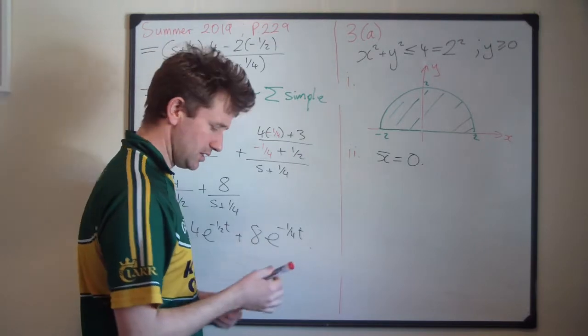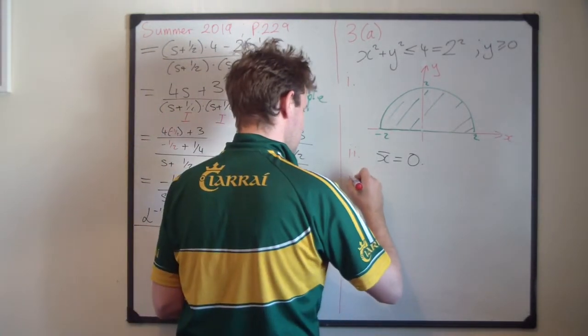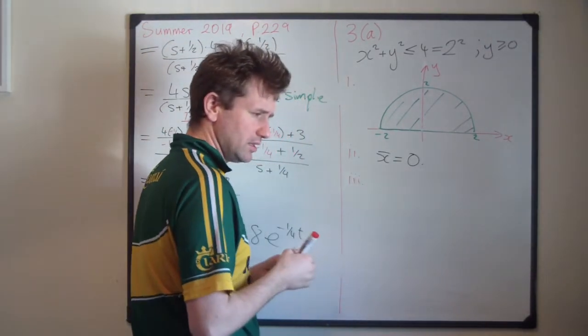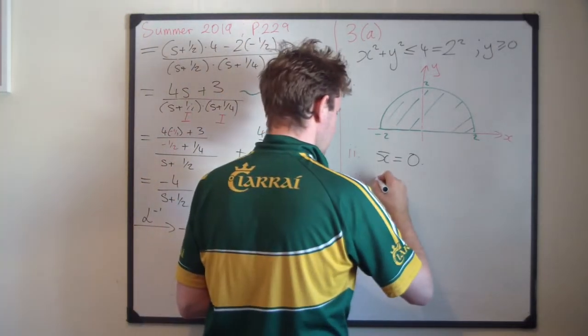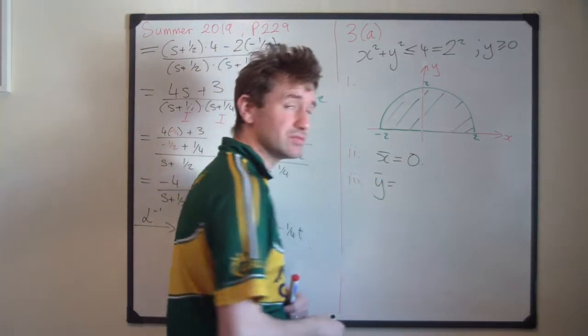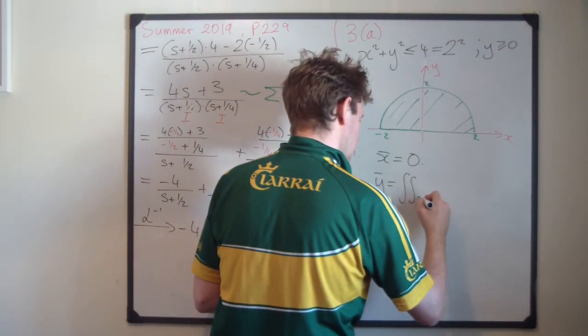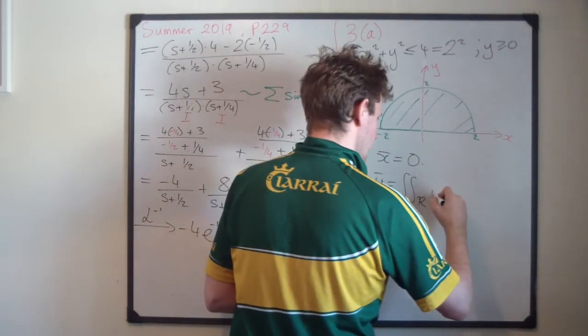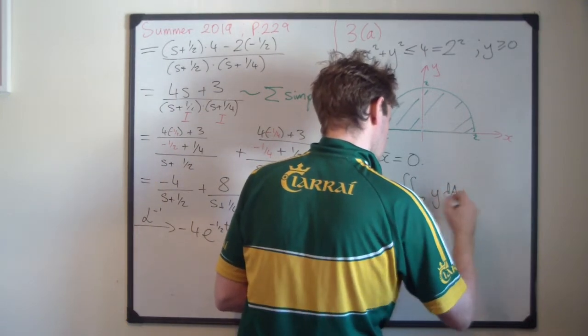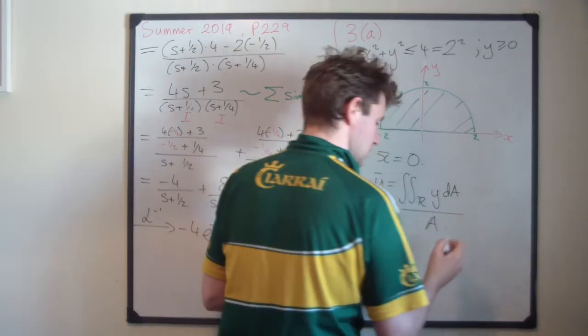Okay, and then the second question is to calculate the y coordinate, and the formulas will all be given to you. So it's the double integral over the region of y dA, over the area.